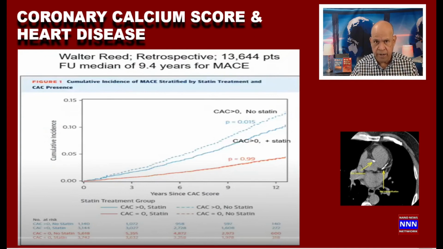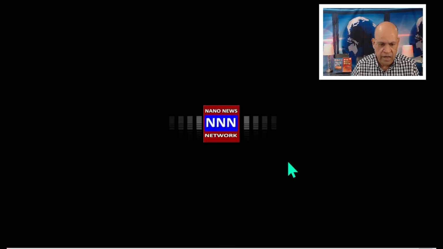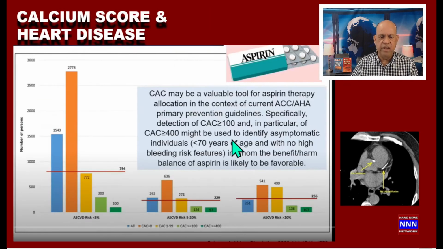Aspirin can cause bleeding. Statins can affect your liver and many other things, muscle enzymes. So you need to treat the appropriate patients. If you can identify those people with a calcium score of 0, they don't need to be on statins.